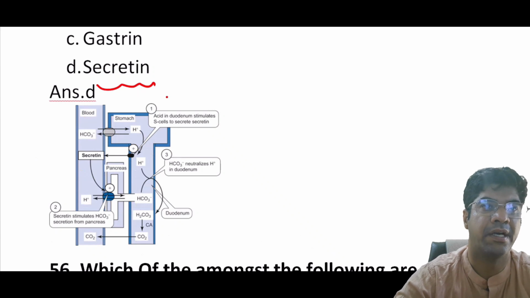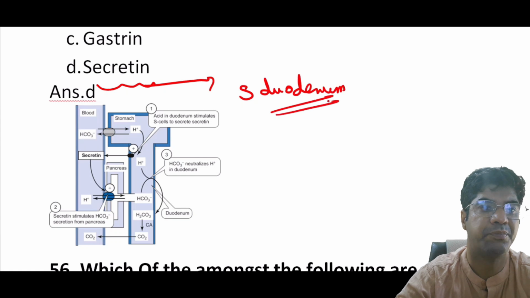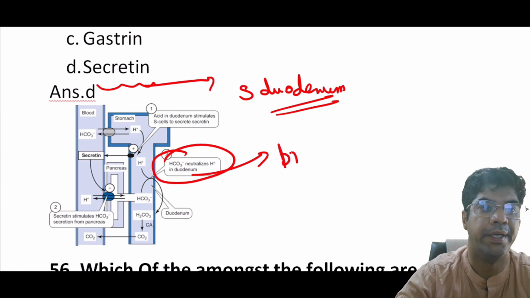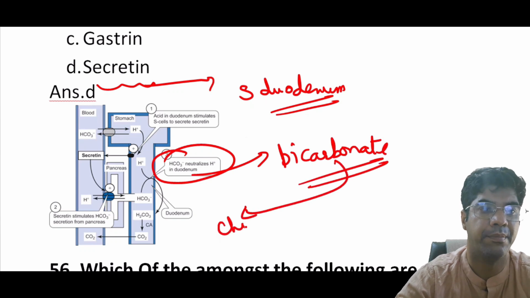So secretin, it is a hormone that is produced by the S cells of the duodenum in response to acidic chyme. So it stimulates the pancreas to excrete the bicarbonate rich fluid. So this bicarbonate would help to neutralize the chyme as it enters the small intestine.